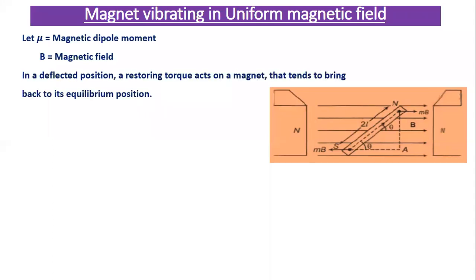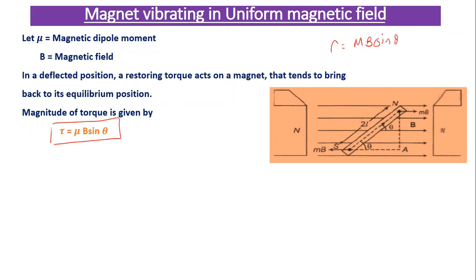In the deflected position, a restoring torque acts on the magnet that tends to bring it back to its equilibrium position. The magnitude of the torque is given by torque equal to mu B sine theta. In Physics 2, I told you torque is given by the formula MB sine theta. So this is the formula of torque acting on a magnetic dipole.